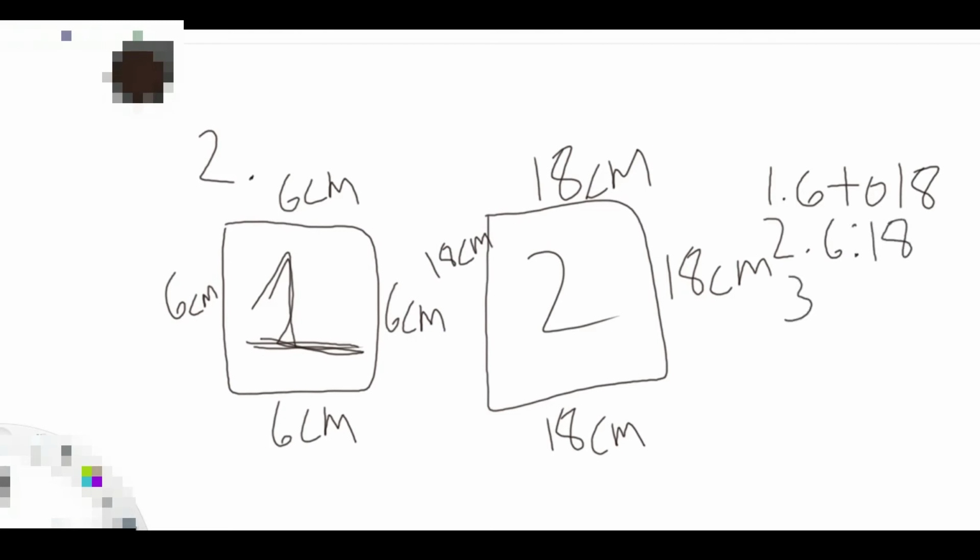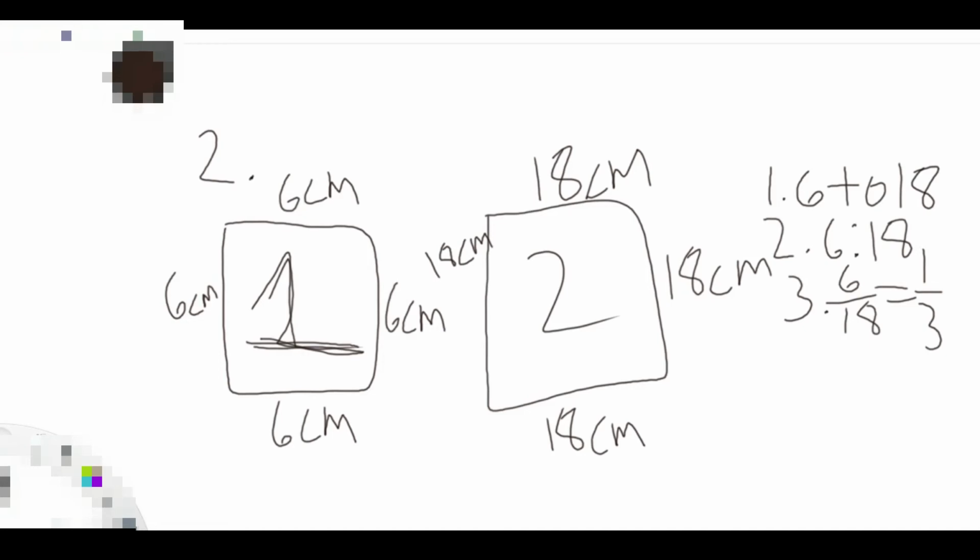The third way is as a fraction, 6 over 18, which you could simplify to 1 over 3, so 1/3. And that's the ratio for this.